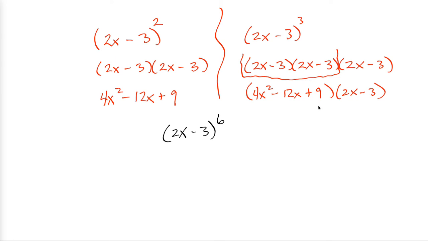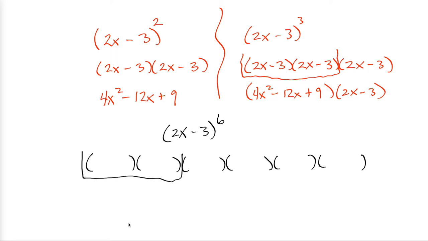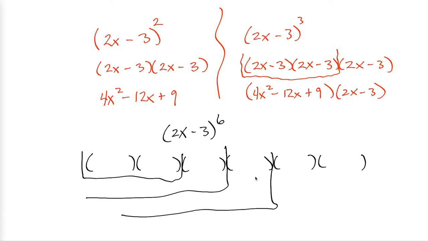I don't think you want to, but you could. As soon as you get past third power, it really gets annoying. Because if I have this thing written out 6 times, I already lost count. 5. You still can only multiply 2 at a time. So you would have to multiply that, get that answer, take that answer times that one, get an answer, take that answer times this one. It would take forever. You don't want to do that.